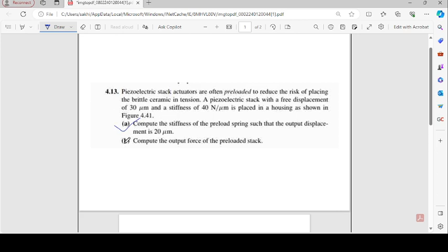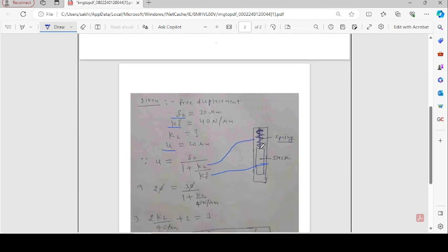The second question is to compute the output force of the preloaded stack. This is the preloaded stack. Suppose delta u displacement is there.